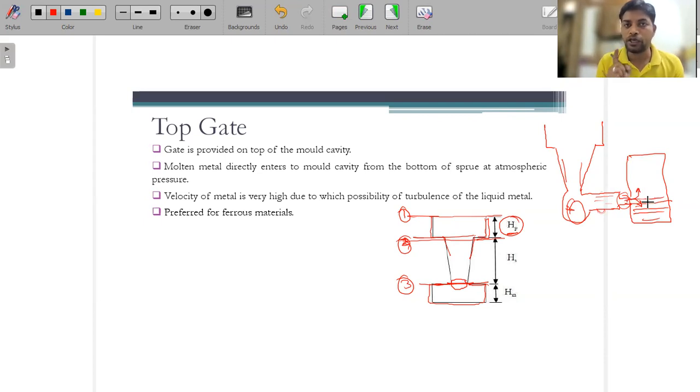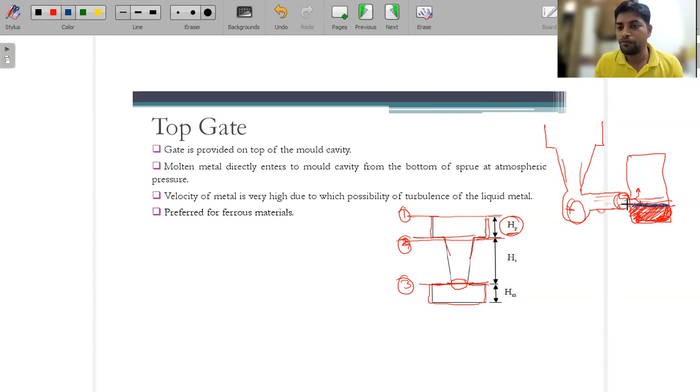If we are talking about the top gate, this gate is used to fill only the part which is below it. So we are filling only this area.